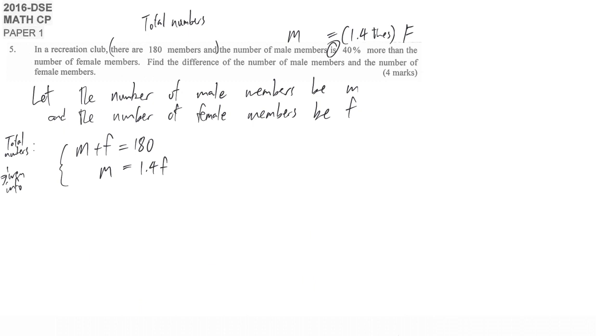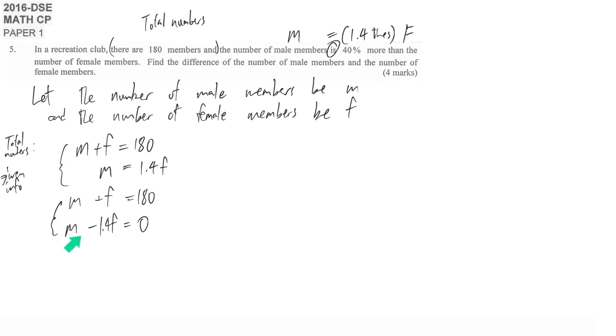For some of you, if you are used to the subtraction method, we will tidy up the two equations into a standard format: first unknown, second unknown, equal to constant. So we do the same for the second one. We move 1.4F to the other side, both sides minus 1.4F, and then equal to 0.